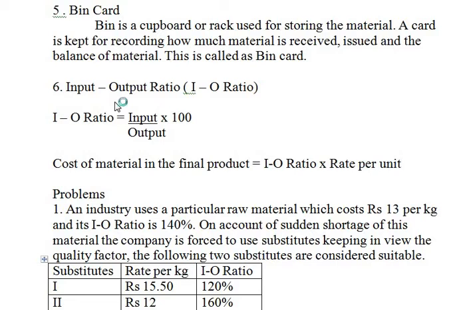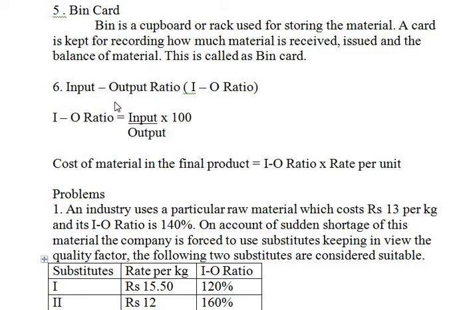Now what is bin card? There are two terms here, bin and card. Bin is a cupboard or a rack wherein the materials will be stored. And in that rack or cupboard, a card will be kept for recording how much material is received, how much material is issued to the production department, and how much is the balance of materials in that rack.